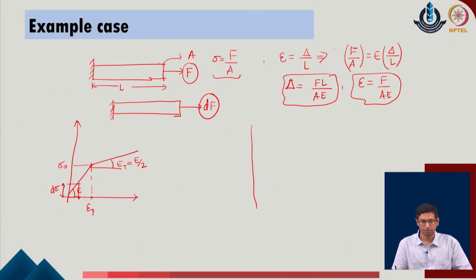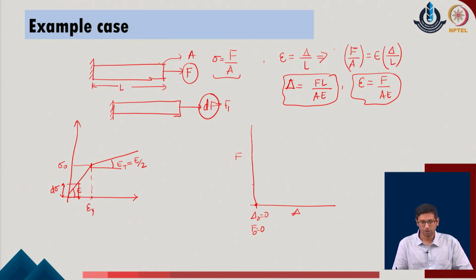As a starting point, we draw it as an F and delta relationship. Initially the delta value is 0 and the force value is also 0 in the given system, and we apply the dF, which is equal to, say, the initial value F1 in the given system.